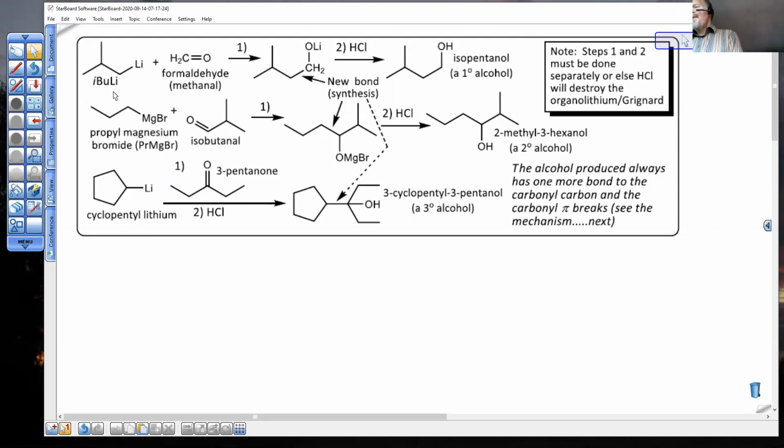So isobutyl lithium, for some reason, makes a carbon-carbon bond from the anionic carbon here to the carbonyl carbon here. And why would it do such a thing?